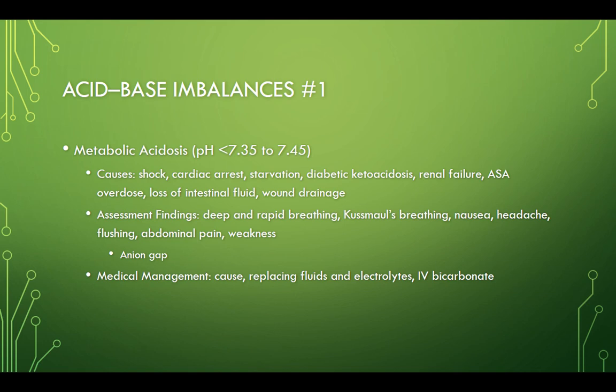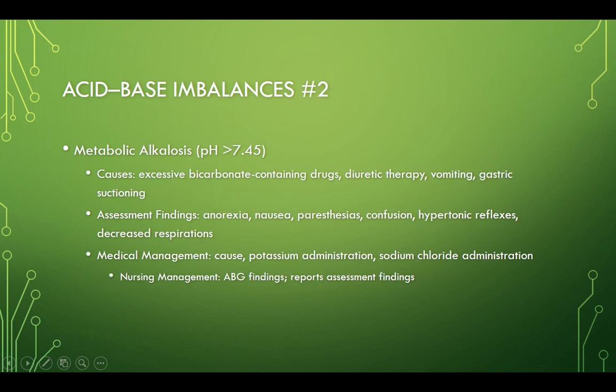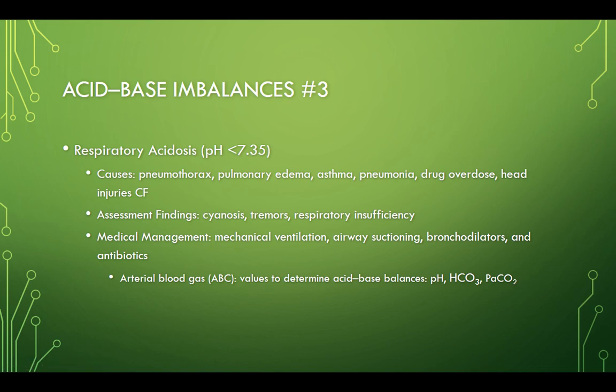Acid imbalance number 1, metabolic acidosis. Causes: shock, cardiac arrest, starvation, diabetic ketoacidosis, there that again, renal failure, aspirin overdose, loss of interstitial fluids, and wound drainage. This one here, its pH level has dropped below 7.35, okay? So respiratory acidosis, your pH has dropped below 7.35.